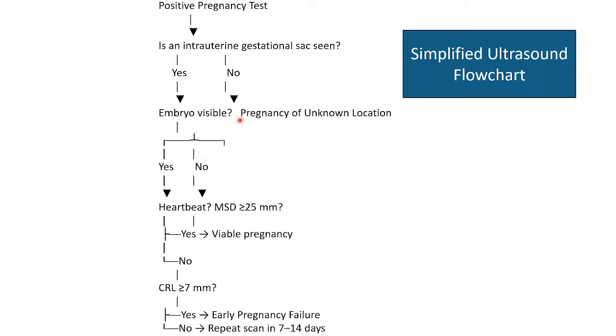Is the embryo visible? Yes or no? Is the heartbeat present? Yes or no? Is the crown rump length above or equal to 7 millimeters? Yes or no? So you see, these are the questions that you have to follow, and you'll be answering.